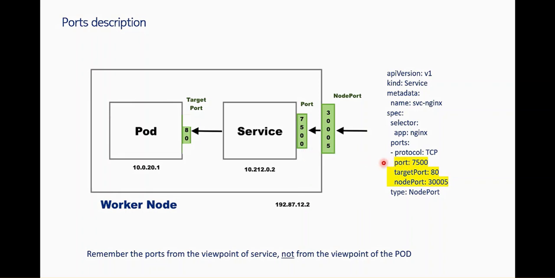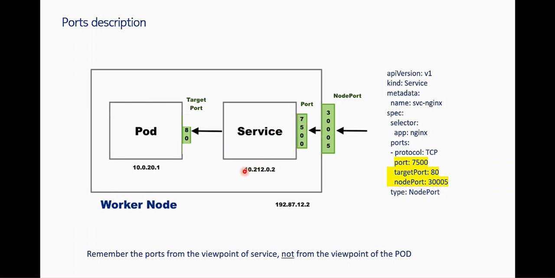So do not get confused between port and target port. If the YAML or the configuration is of kind Service, then the target port will always be the port number of the pod, and simply the port is the port number of the service.